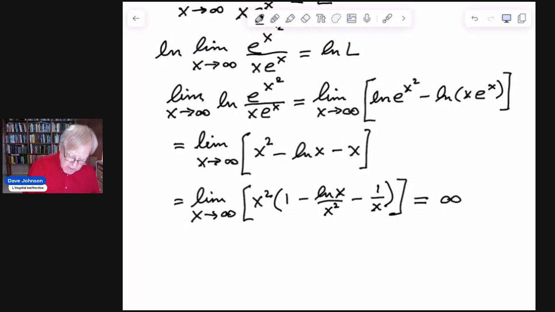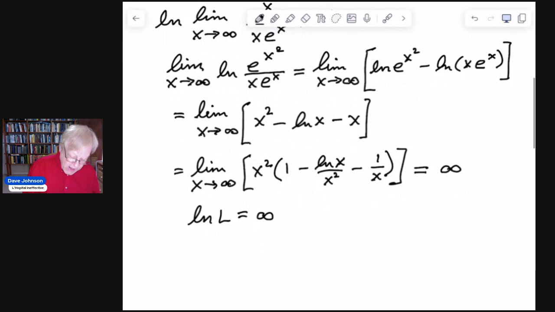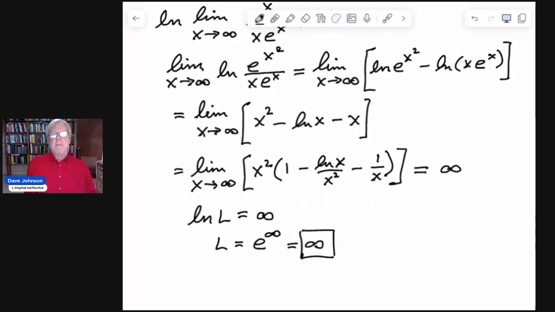That was equal to ln L, so the natural logarithm of our hypothesized limit L is equal to infinity. If we exponentiate both sides base e, we get L is equal to e to the infinity, which of course is infinity. So our final answer is infinity.